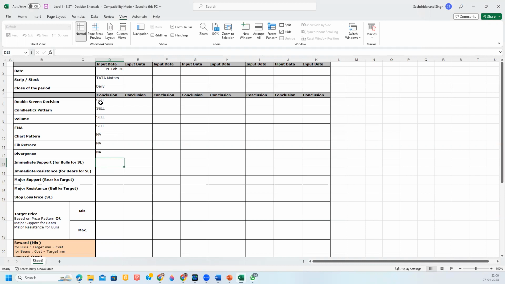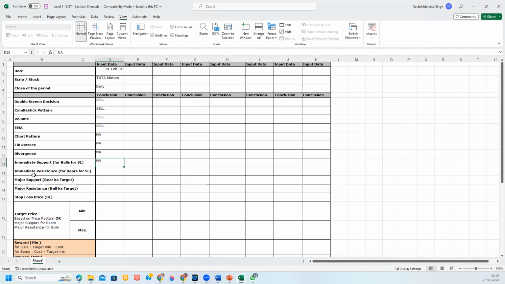Since so far it is giving a sell signal, the bull market is not applicable. Only the bear market, or maybe sideways, is applicable. Further analysis will tell if we get any sideways symptom, but so far it is the sell signal as per the analysis.